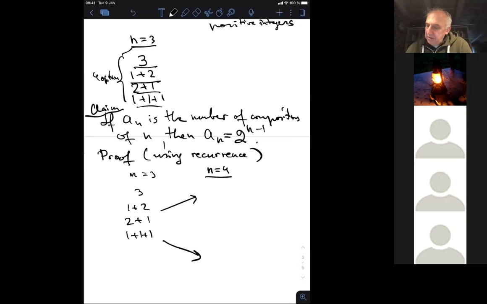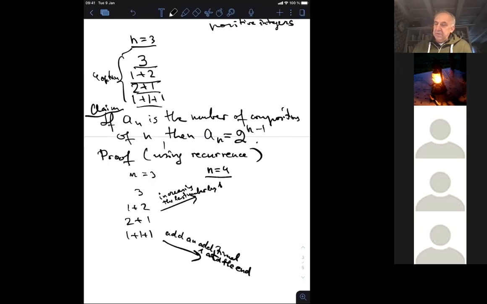One way is to increase the last number by 1. And another one, add an additional 1 at the end. So using these 2 simple operations, we'll be creating all possible compositions of number 4.